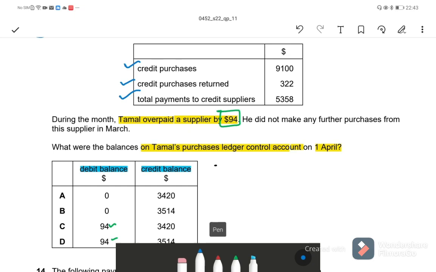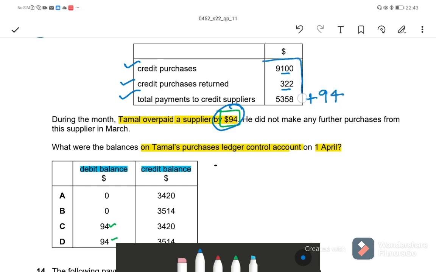9,100 minus 3,322 minus 5,358, and we have to add back how much he overpaid. The overpaid amount is 94. So we should add it back. 94.